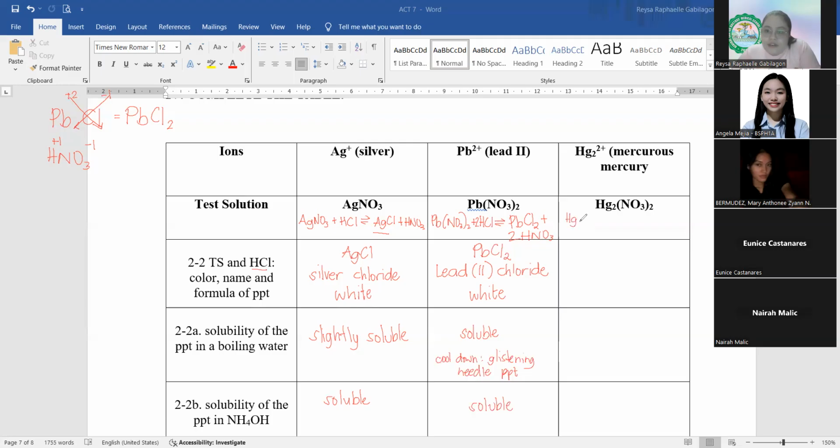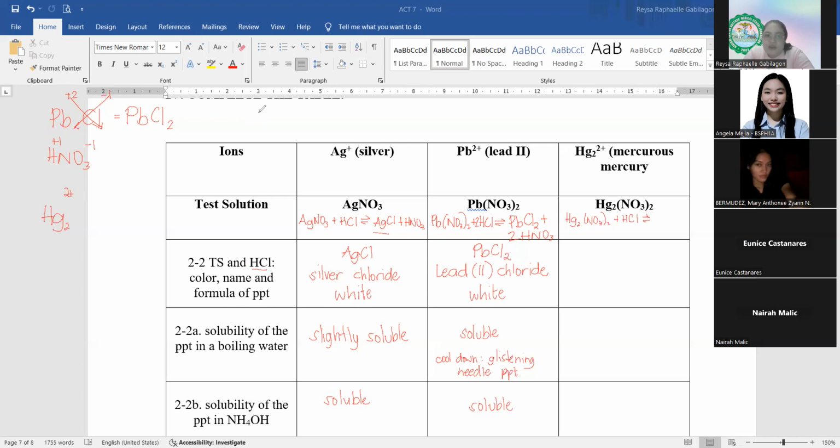So, ito naman, hindi natin ito na-perform, but let us still answer this one. We have here Hg2(NO3)2. That is the mercurous mercury. Our precipitating reagent is still HCl. So, exchange partners ka pa rin dyan. Hg2 2+. This is how we write the mercurous mercury, ha.